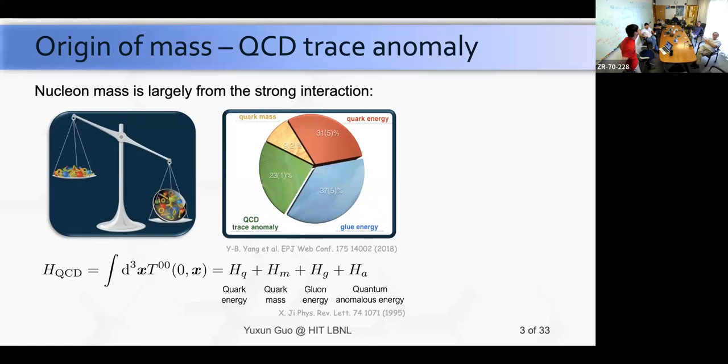The interaction part is, yes, it's there, but it's actually... So on one side, where in your budget is it, the quark energy, the gluon energy, or? Then probably some feedback between the two.